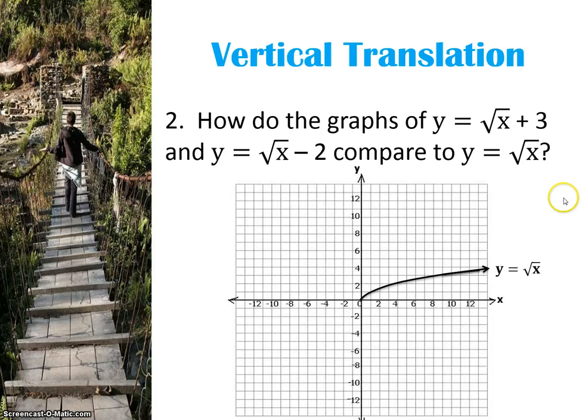So the graph looks like this. That's the original graph. Now you're expecting that if we add 3, it's going to go up 3. And if we subtract 2, it should go down 2. So there is the up 3, and there's the down 2, just as we would expect.